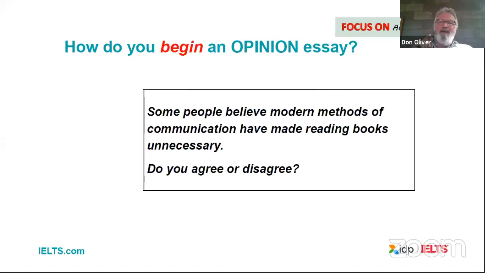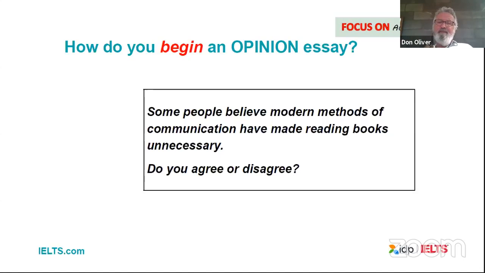Remember, we were talking about paragraphing. So your first paragraph will be some sort of introduction and some way of expressing an opinion. So here is an example of a task. Some people believe modern methods of communication have made reading books unnecessary. That is the statement.